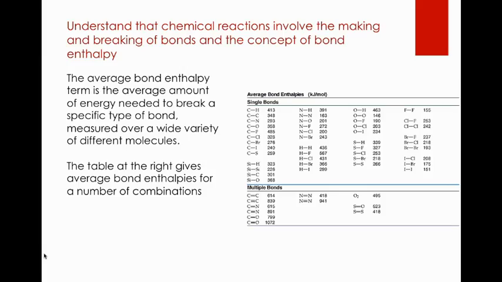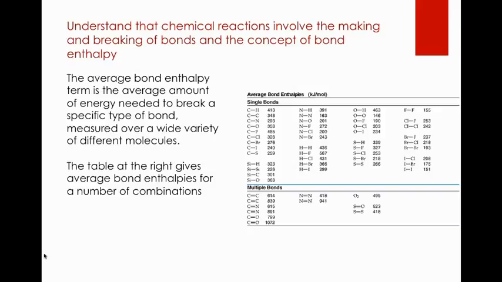You see in the picture on the right-hand side of the screen a number of average bond enthalpies. Notice there is no sign attached to these bond enthalpies. These bond enthalpies describe the amount of energy needed in kilojoules per mole to make or break a specific type of bond.